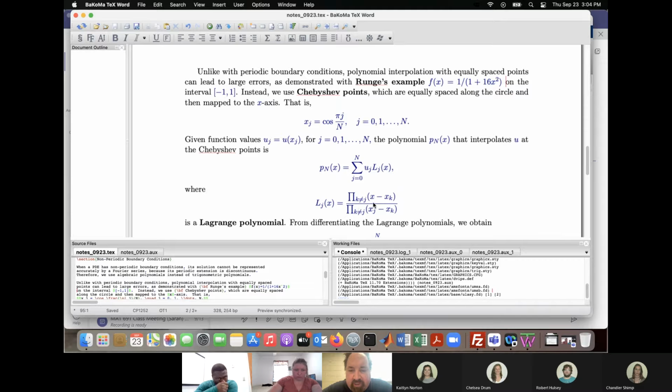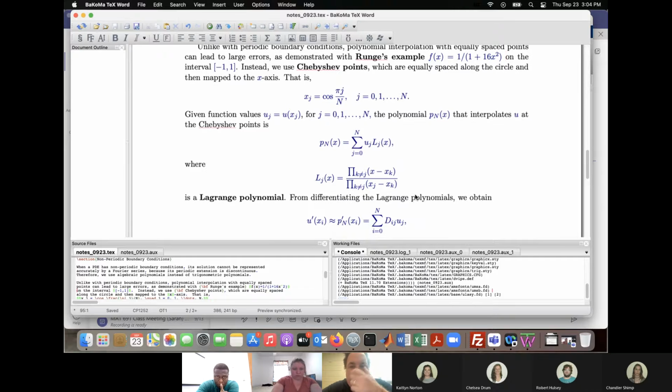And this formula is designed to ensure that. If I plug in x equal to xi, where i is not equal to j, then one of these linear factors will be 0, and the whole thing will become 0. Whereas if I plug in x equal to xj, all these factors cancel, and you get 1.